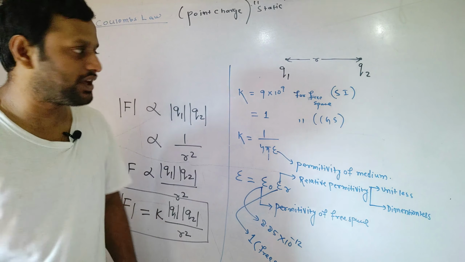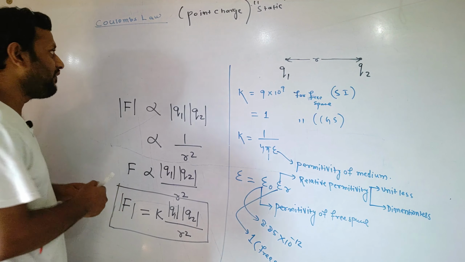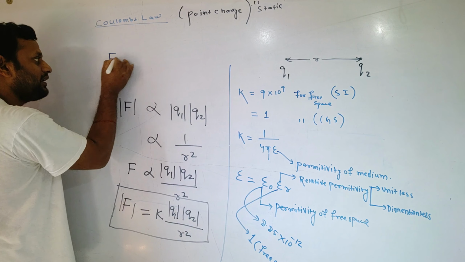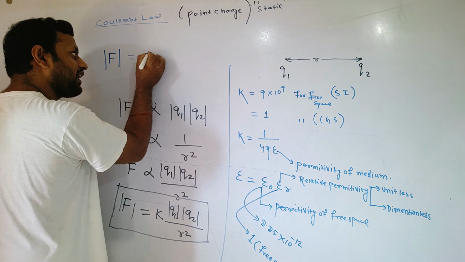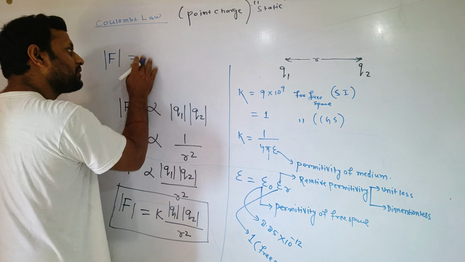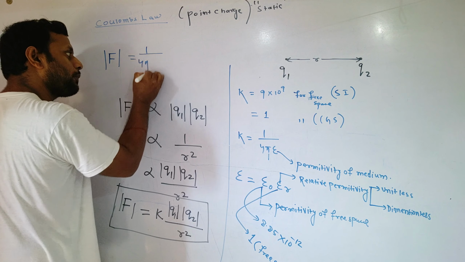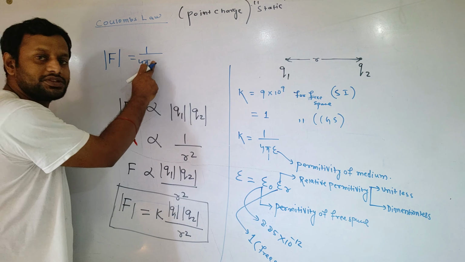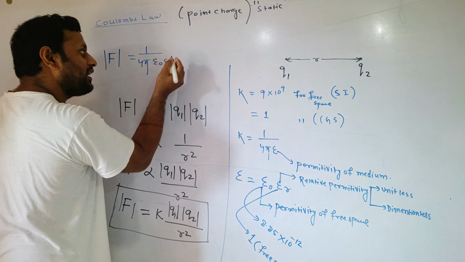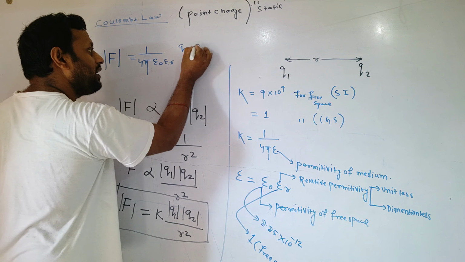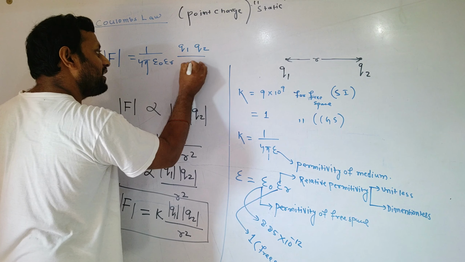So for free space, Coulomb's law becomes F magnitude is equal to k. In the place of k, I can put 1 by 4 pi epsilon, and epsilon means epsilon 0 into epsilon r, into q1 q2 divided by r square.